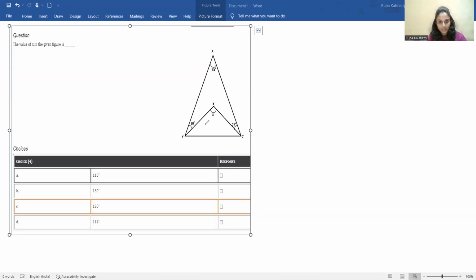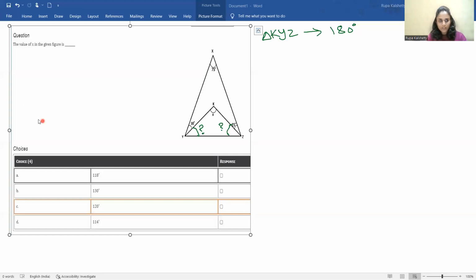What I have figured out is this KYZ is one triangle, isn't it? So that should be together 180 degree. And we do not know what part of y is this and what part of z is this. But we know that triangle KYZ together should be 180 degree.